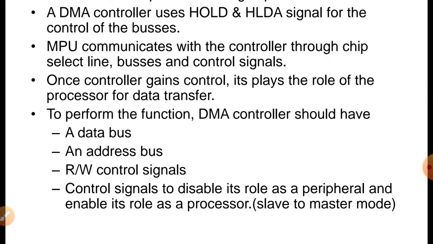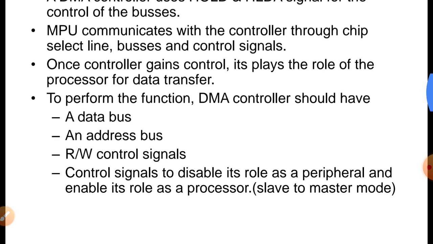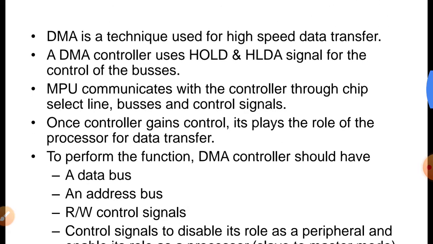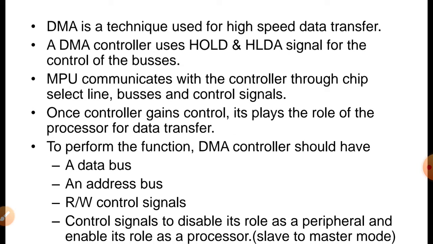So, this DMA controller will be using these signals for providing the facility of transferring the data in between the two devices. Whenever it is taking the control of all the things, it will be working as a processor.